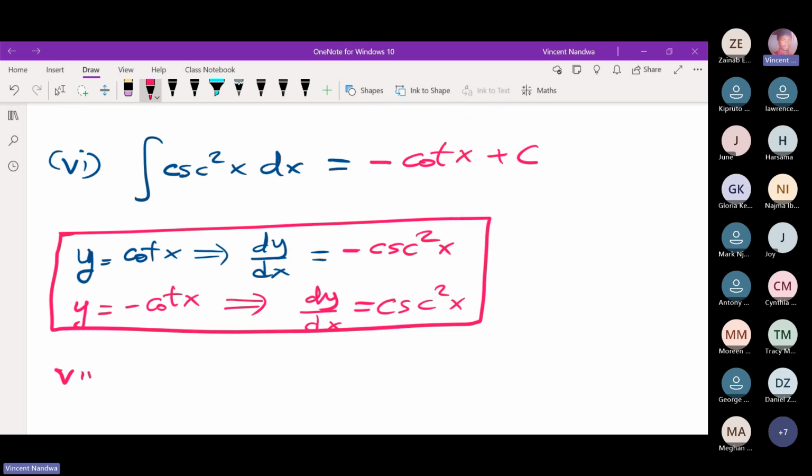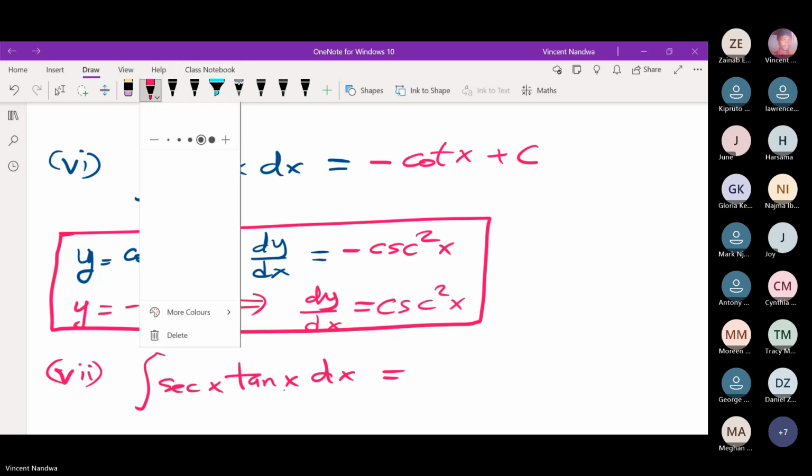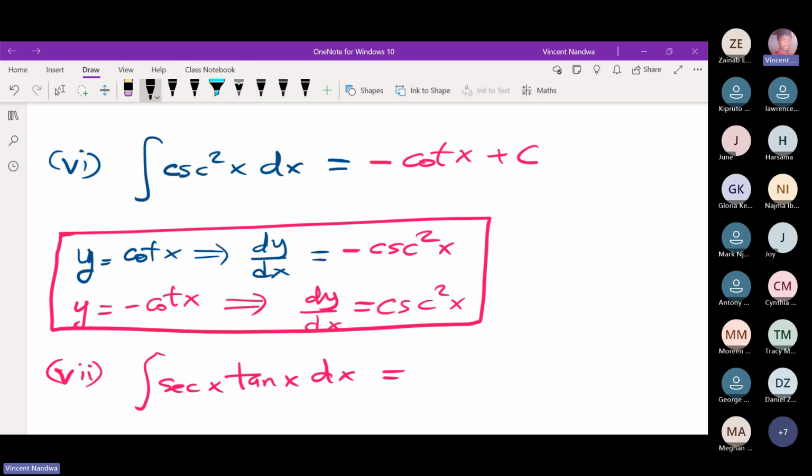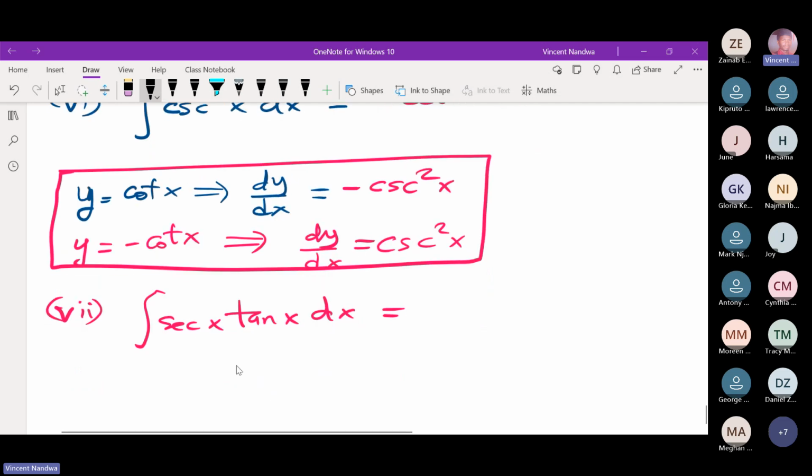Then the next tool to put in the toolbox, the integral of sec x tan x dx. The answer I expect you to give me is simply a function whose derivative is sec x tan x.